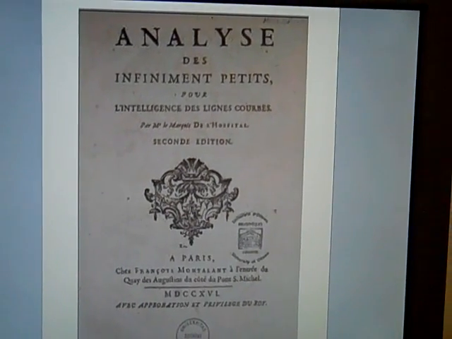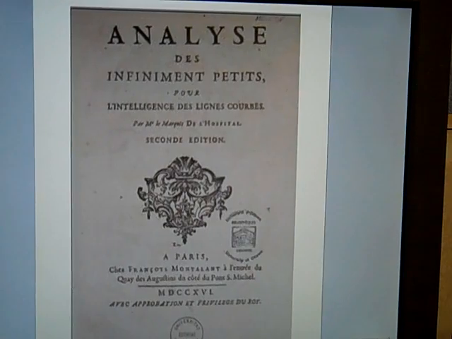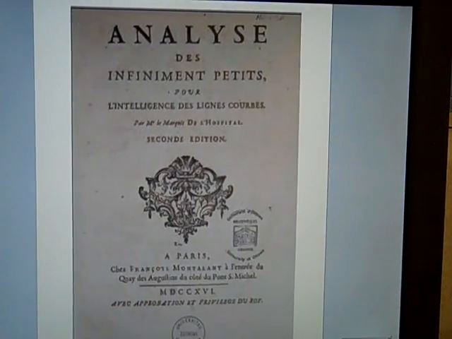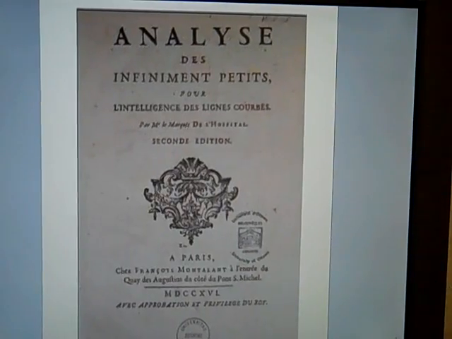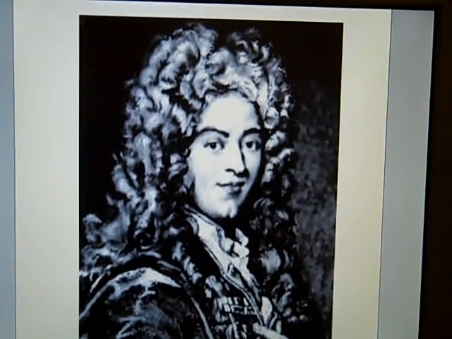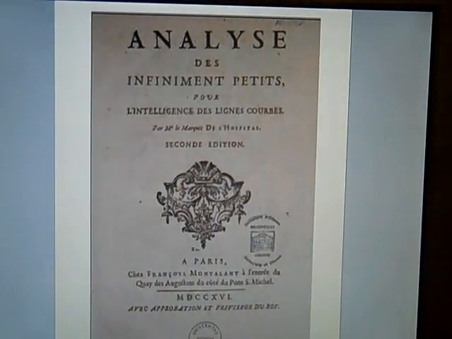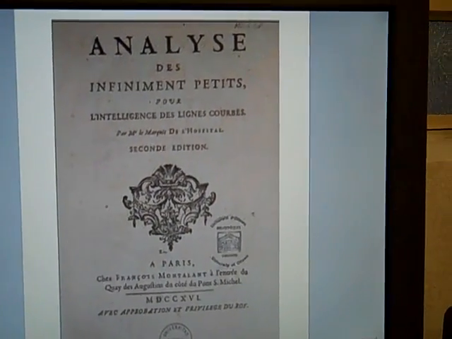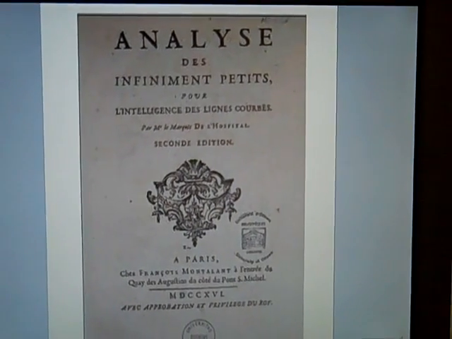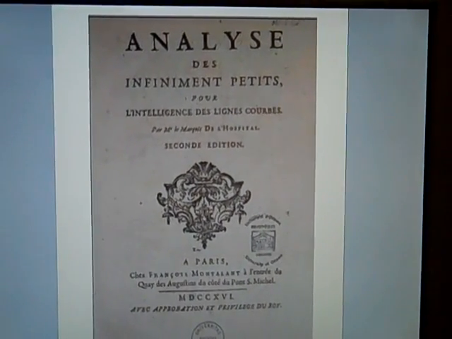But here's the beef I have with L'Hopital. L'Hopital's rule was not even invented by L'Hopital. It was basically invented by Johann Bernoulli. Now, here's a picture of Johann Bernoulli. Actually, just kidding. That's a picture of L'Hopital again. Let's go back to here. Anyways, Bernoulli was the brains behind the operation, and L'Hopital asked Bernoulli if he could tutor him.